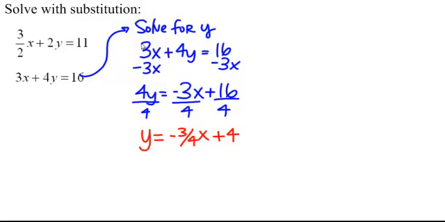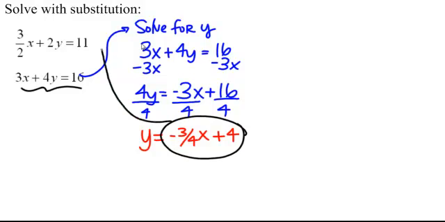So now that I know what y is, I need to do my substitution. Be careful that you do not substitute this back into the equation we just used. You have to substitute it into the other equation for this to work. So I'm going to take what I know y equals, and everywhere up here, I'm going to replace this y with the other y.